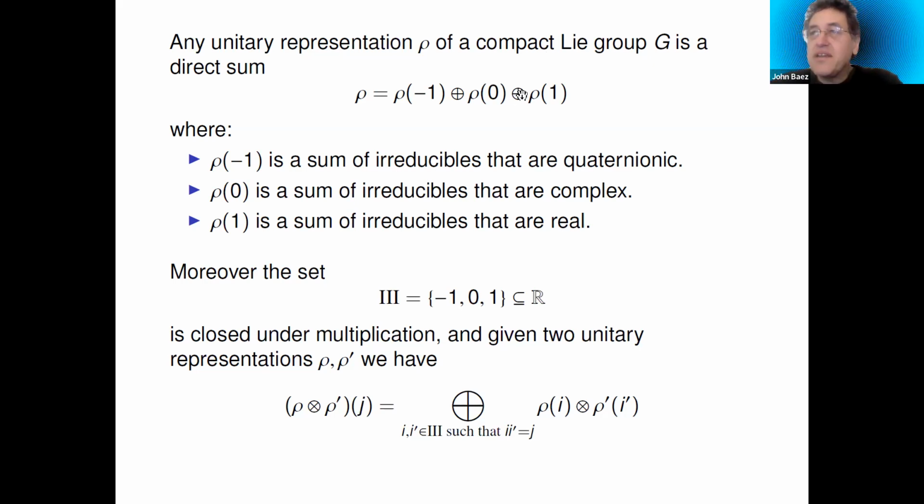I still don't understand it as well as I'd like, because you can see something funny is going on. We started with these representations on complex vector spaces, and some of them are underlying representations of quaternionic representations, and others are the opposite, underlying representations of real representations.